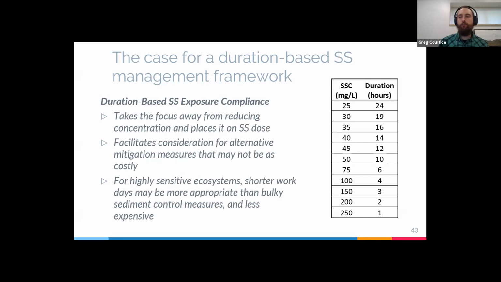So it takes that focus away from concentration, and it facilitates our ability to provide alternative mitigation measures that might not be as costly.